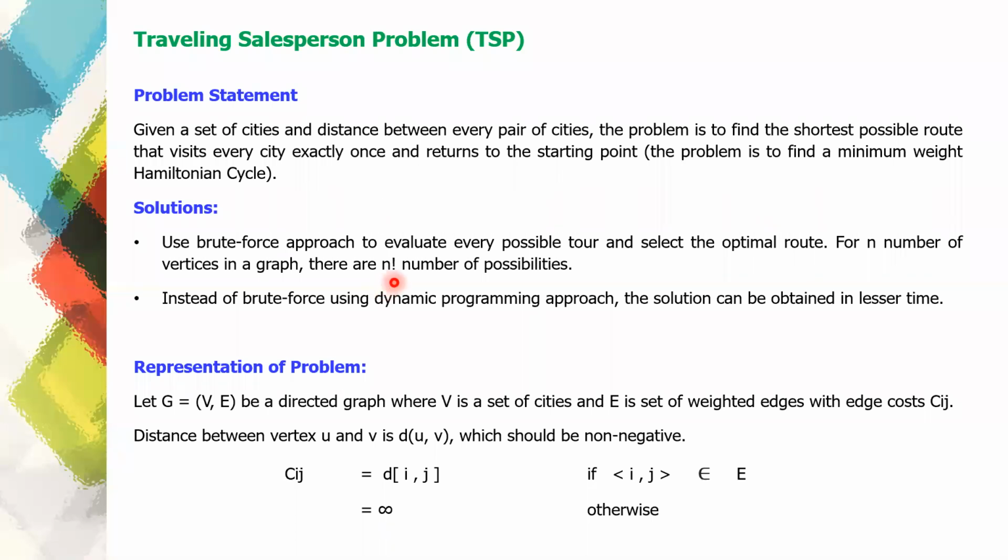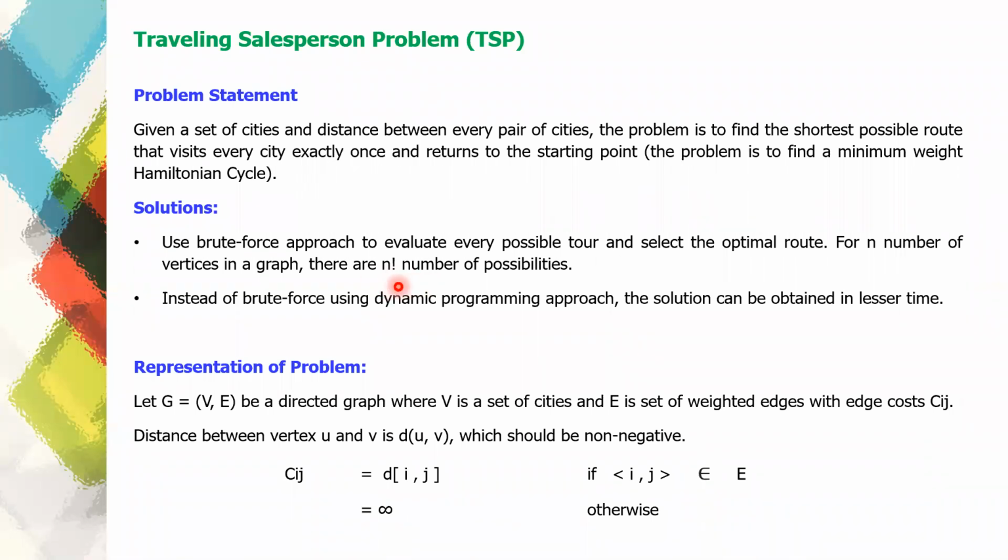Hence we'll not attack this problem by using the brute force approach, but rather we'll solve it by using some technique wherein the number of routes that you have to explore will be reduced. It will not be n factorial.